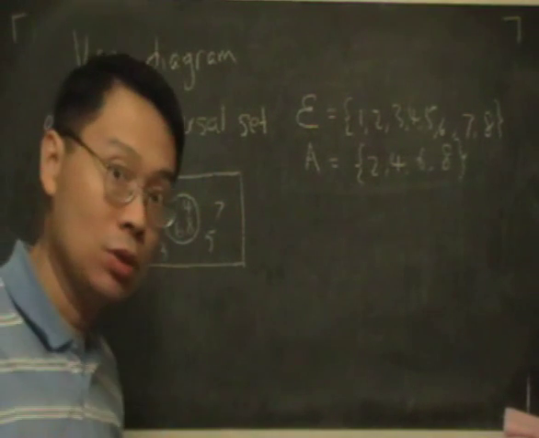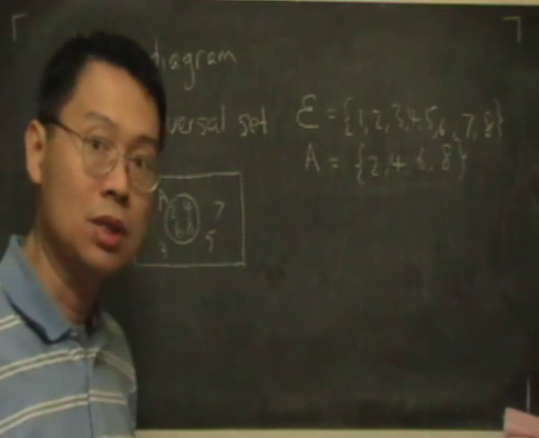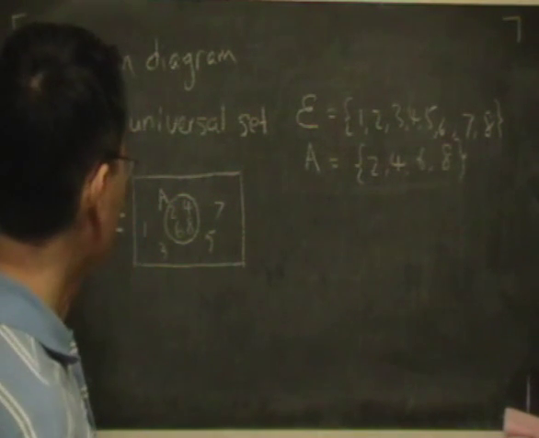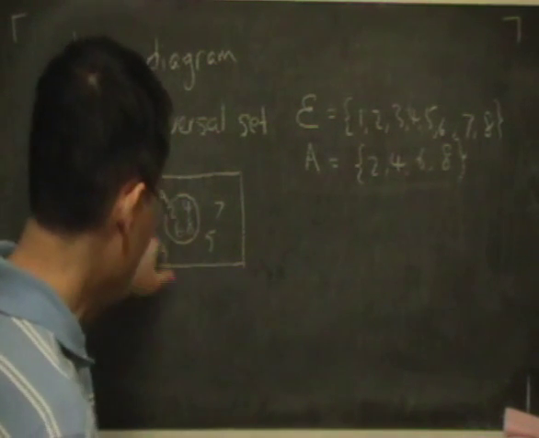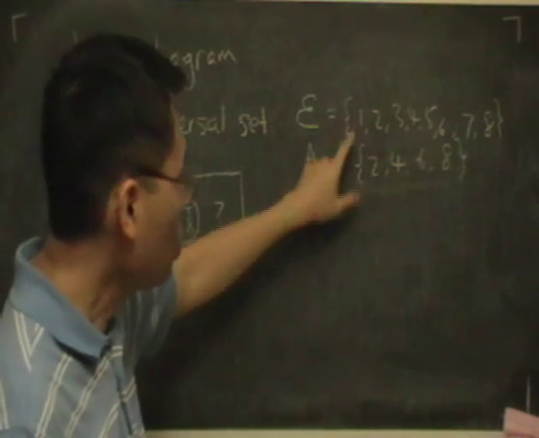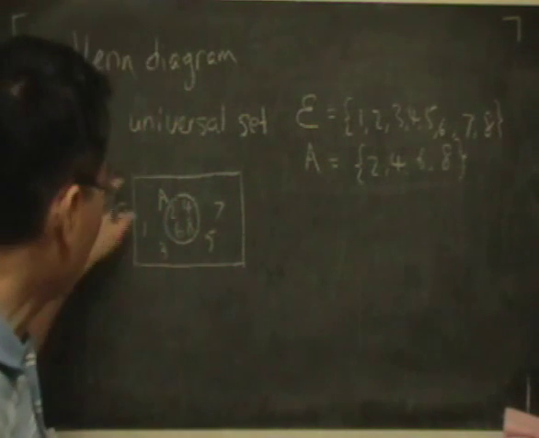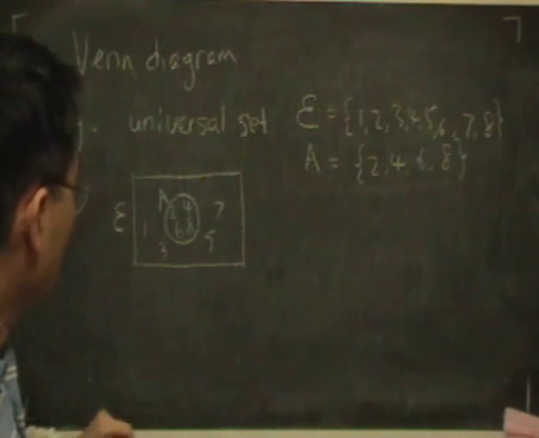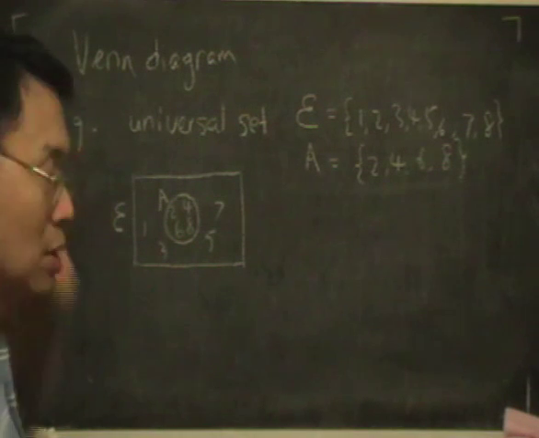It does not really matter where on the picture I write these numbers, as long as they are within the right region. So the elements of A should be inside the shape of A. The elements that are not in A should be outside the shape of A. But everything should be within the big rectangle, which represents the universal set.